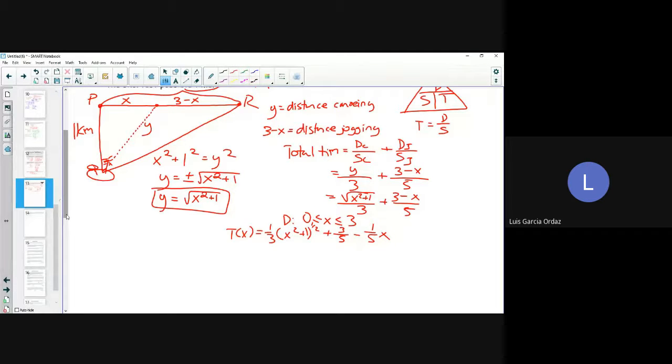So now I have to find the derivative of my expression. So I need to use the power of a function rule for my first one. So who can tell me what my derivative would be for 1 over 3 times x squared plus 1 to the 1/2?